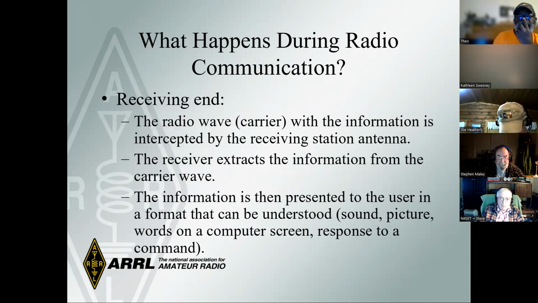The receiver extracts information from the carrier wave, and the information is presented to the user in whatever format that you wish, usually. And this is sound, picture, words on a computer screen, response to a command. Believe it or not, there are frequencies for amateur radio remote control of model airplanes and things like that, really aren't used for anything but that.